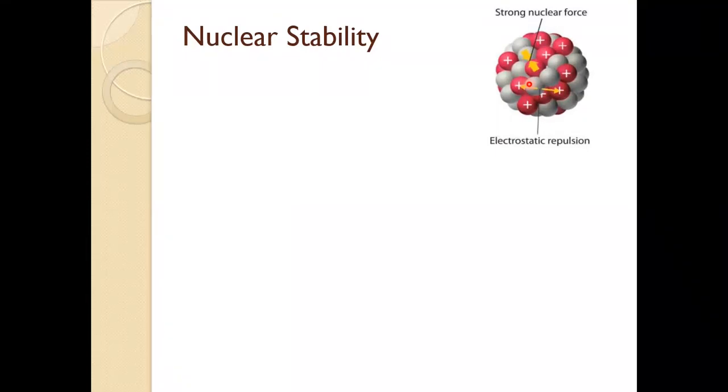We have atoms with 100 or more protons in their nucleus. So there must be something else there to stabilize the nucleus, and that other force is called the strong nuclear force. This is an attractive force that exists between any two nucleons, whether it's two neighboring neutrons, a neighboring neutron and a proton, or even two neighboring protons.